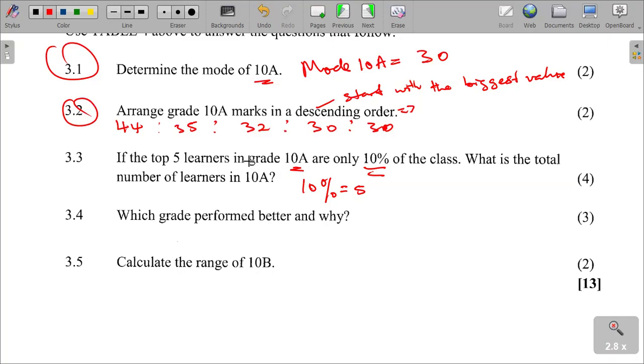So 10% times 10 is equal to 100%. Therefore, this is equal to 5 times 10, which is equal to 50.